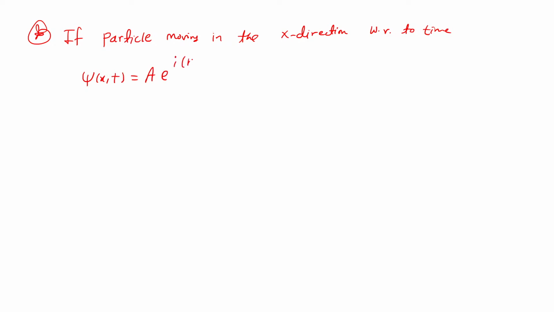If a particle is moving in the x direction with respect to time, then as we discussed, the wave function will turn out to be exponential of iota kx minus omega t. So there should not be a confusion with this. So what will be the probability density?